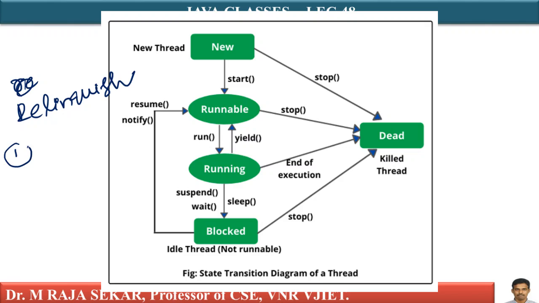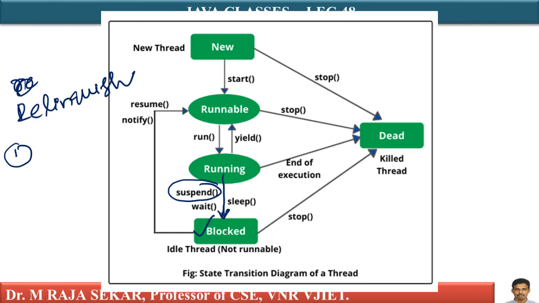What is my first reason? When a thread is being suspended using suspend method. Just see, when a thread is being suspended by using suspend method, it moves from running state to blocked state.